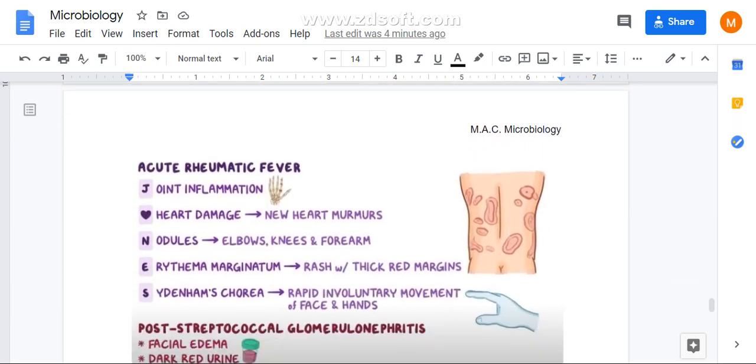Okay, and this is a little mnemonic you can use to remember the symptoms of acute rheumatic fever. So these were the rashes, right? And it can be all over, from the trunk, neck, down. So you have joint inflammation, heart damage.